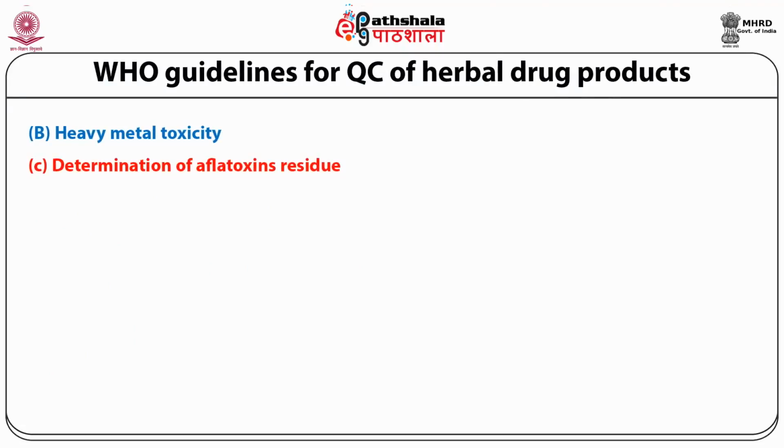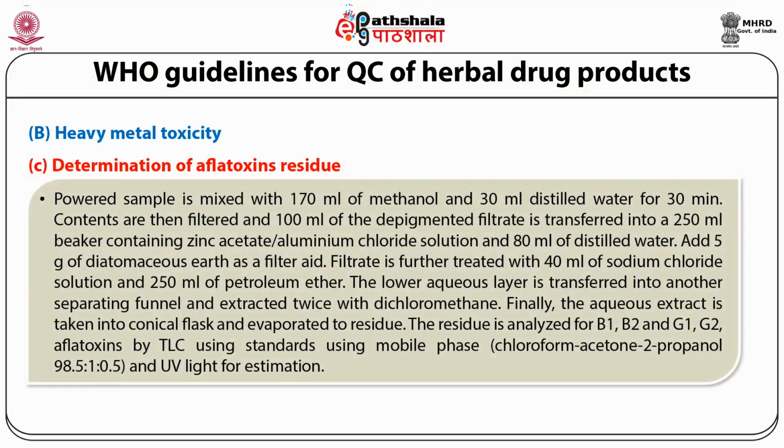Determination of aflatoxin residues is done by mixing the sample with methanol and distilled water. The contents are filtered and depigmented. It is then added with zinc acetate and aluminum chloride in distilled water. Then diatomaceous earth is added as filtering aid, followed by addition of sodium chloride and petroleum ether. The mixture separates into two layers.